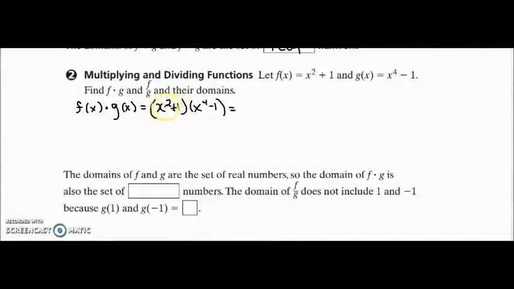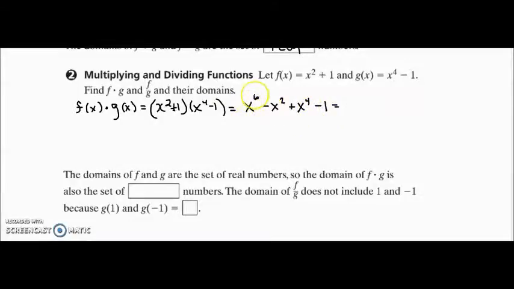Okay, we need to FOIL these. So x squared times x to the 4th is x to the 6th. x squared times negative 1 is negative x squared. 1 times x to the 4th is x to the 4th. And finally, 1 times negative 1 is minus 1.